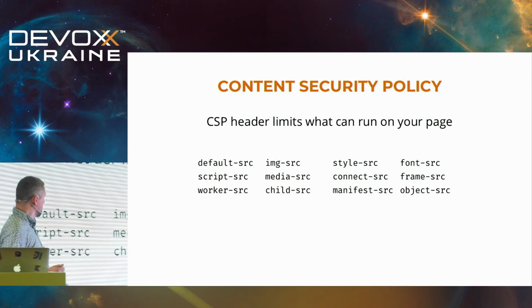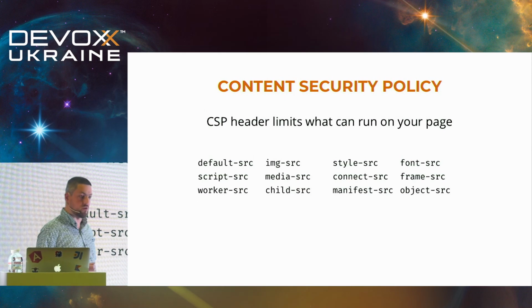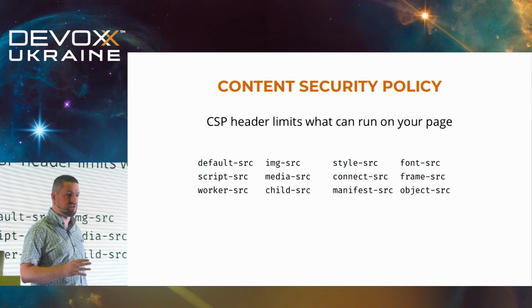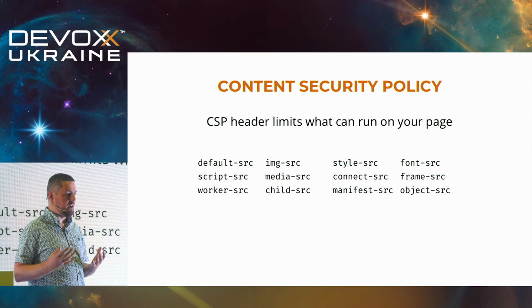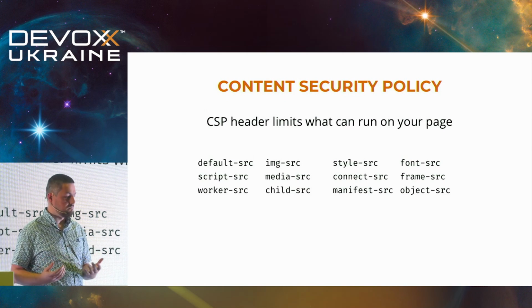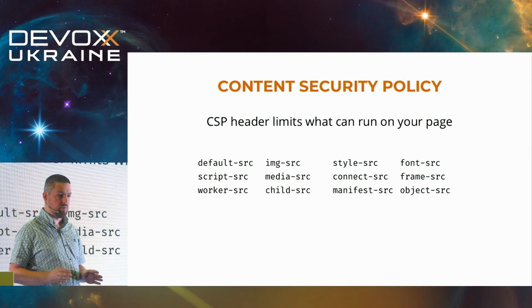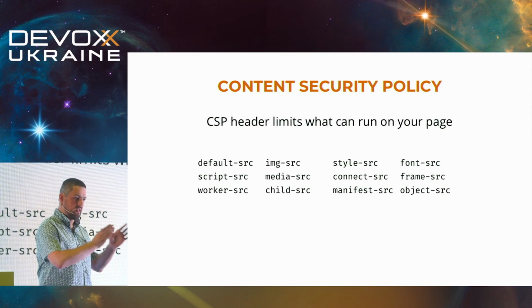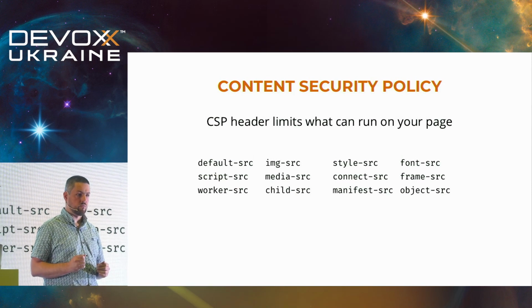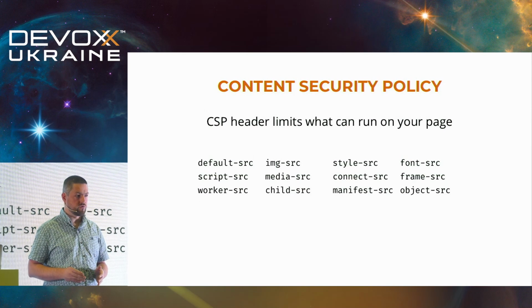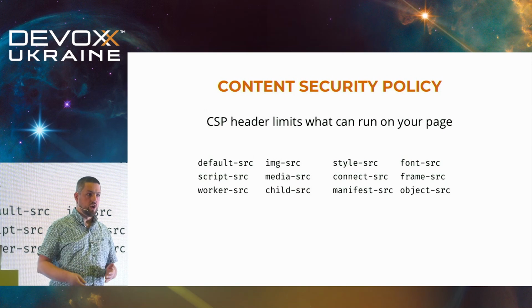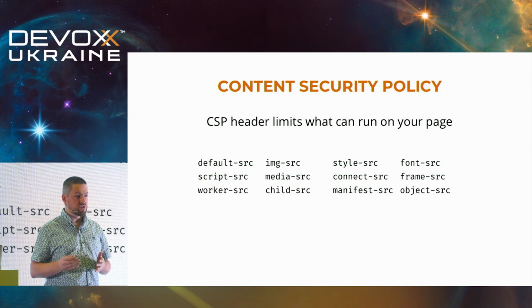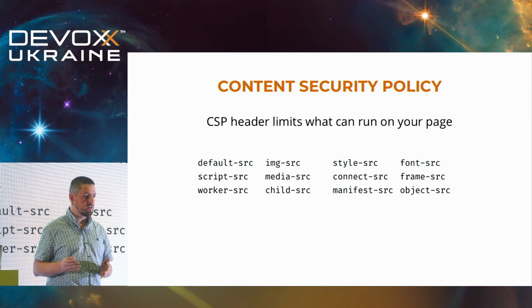And as you can see, you can filter on images, you can filter on styles, fonts, scripts, media, all kinds of things. Basically, what you can do there is you can tell the browser, okay, only accept images that are served from this specific domain, or only accept images that are served from this domain and the specific CDNs that you use. You can limit the types and the amounts of style sheets that can be loaded.